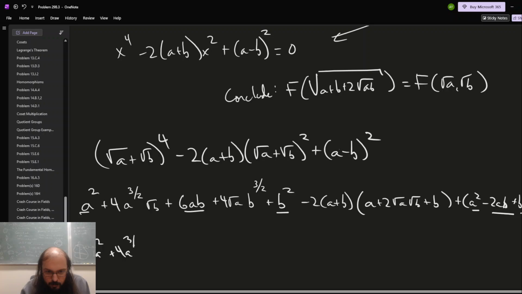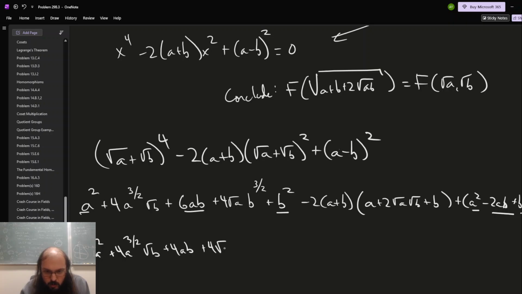Next term stays the same. Here we got 6ab, here we got minus 2ab, so that's 4ab. 4 square root of a, b to the 3/2. And then b squared and b squared is plus 2b squared. And that leaves this stuff.